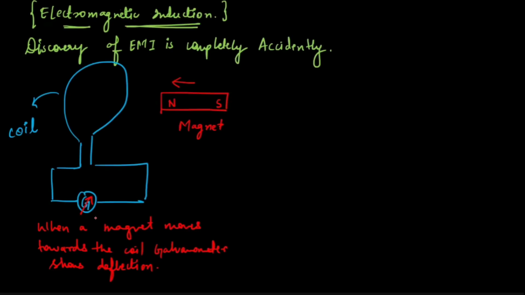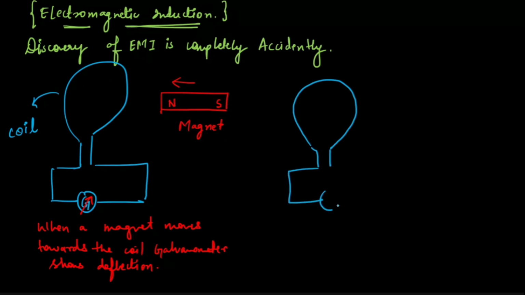So again, we have no proper explanation of why this is happening. In order to understand it, that person tries to do several other experiments also. Let us see what those other experiments were. He took a coil, and that coil is connected to a galvanometer.